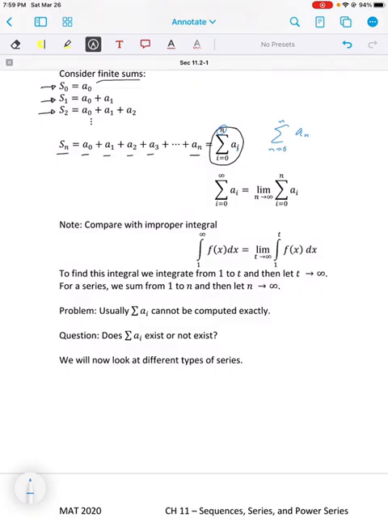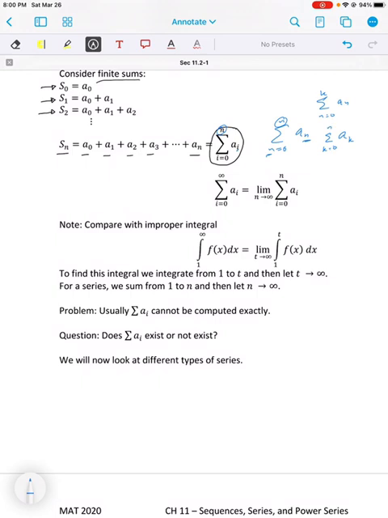So we need to change one of these values. Either we can say the summation of a sub n when n is going from 0 to k, or I can say the summation of a sub k when k goes from 0 to n.